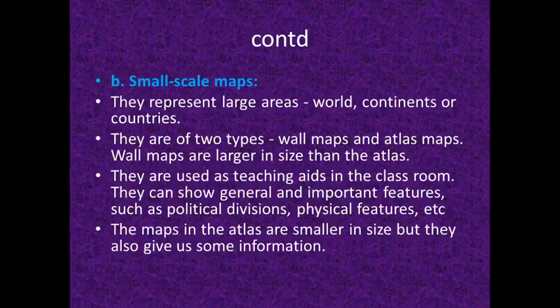They are used as teaching aids in the classroom. They can show general and important features such as political divisions, physical features, etc. The maps in the atlas are smaller in size, but they also give us some information.